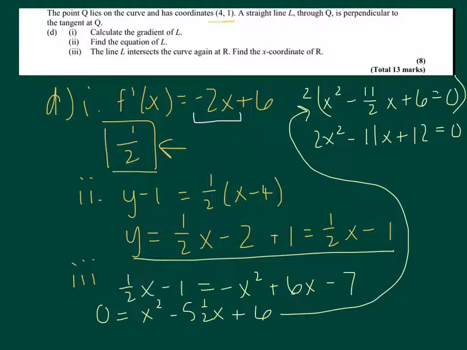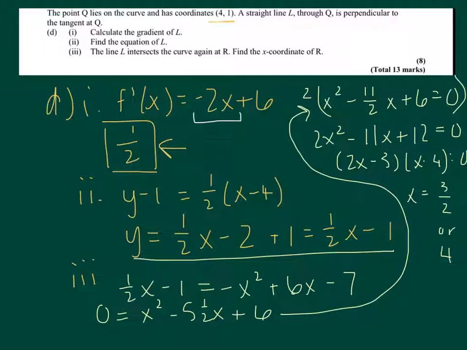And now I can factor this. Once I factor, I get (2x minus 3) times (x minus 4) equals 0. So x equals 3/2 or 4.